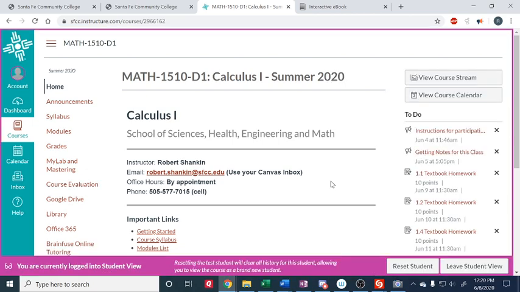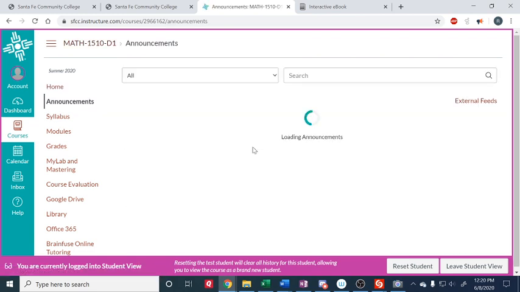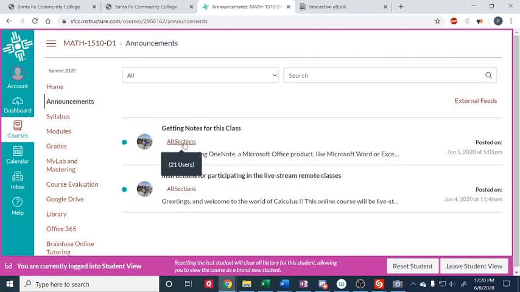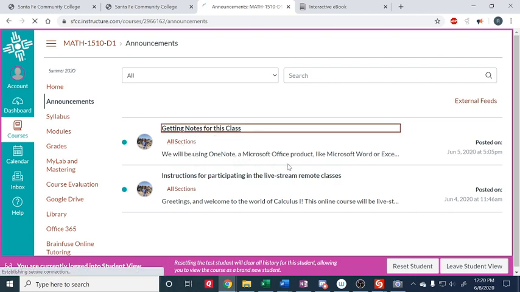So you're going to see my screen. My screen now looks just the way a student screen would look. And announcements. So this one about getting notes for the class.